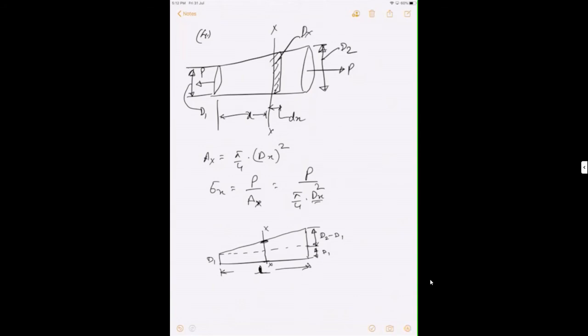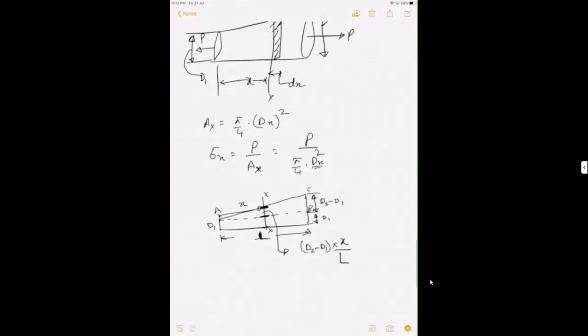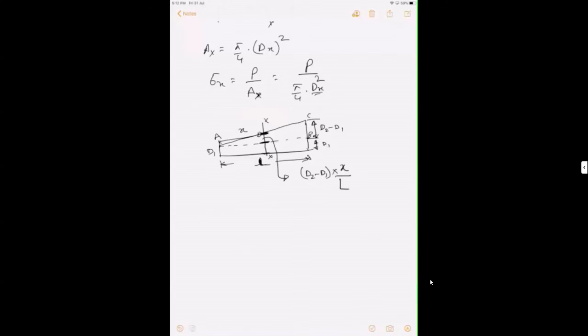To calculate this ordinate, I will be applying similar triangles in this triangle ABC, and this length is X. So with similar triangles, this distance will be equal to D2 minus D1 into X by L. Okay, so at this position, at section XX, what will be the value of dx? That will be D1 plus (D2 minus D1) into X by L.